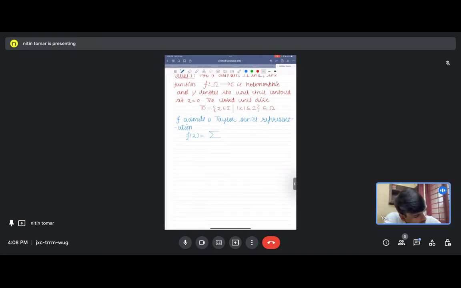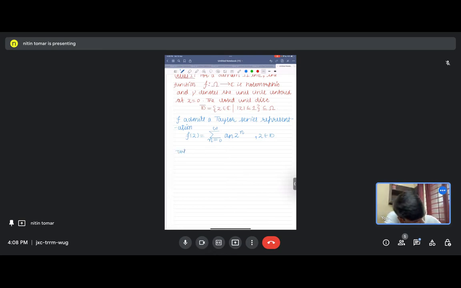It will be of this form: the sum of a_n z^n, n going from 0 to infinity, for all z in D. Is this true?